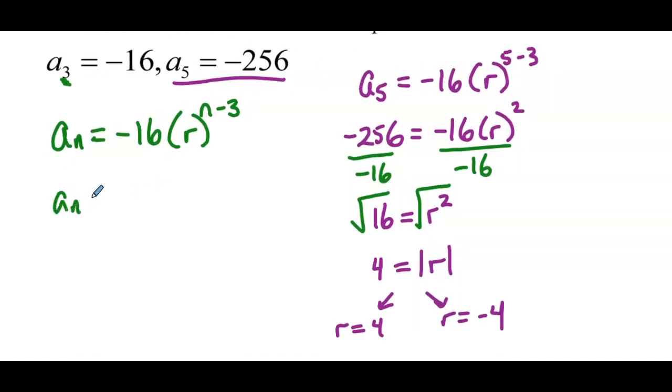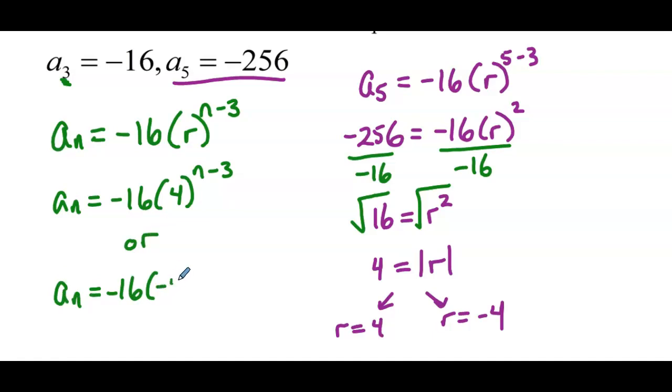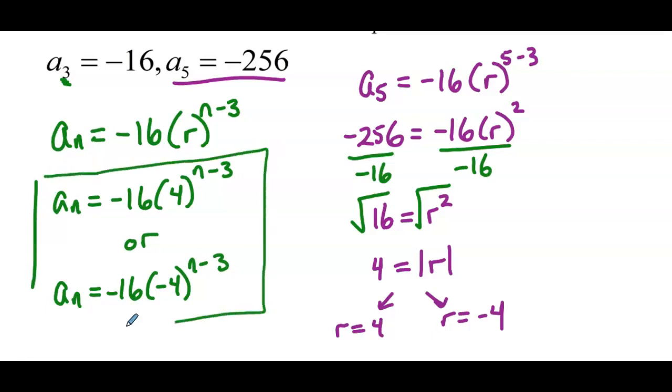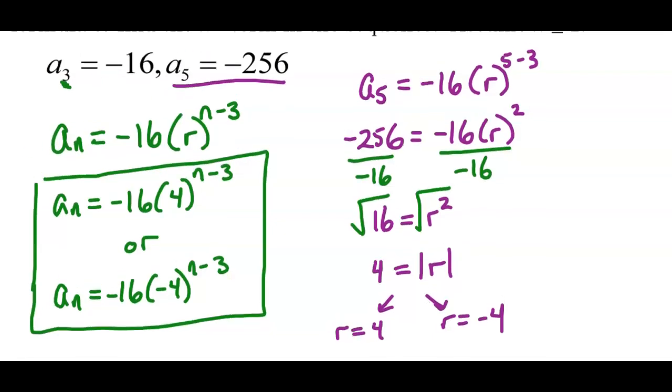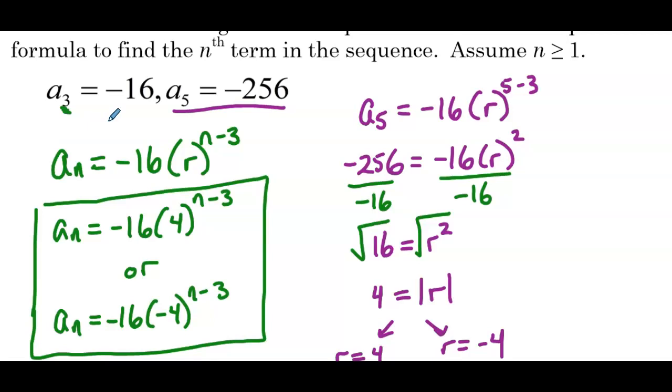We can either have a sub n equals negative 16 times positive 4 to the n minus 3, or we can have a sub n equals negative 16 times negative 4 to the n minus 3. We need to include both because they're both potential formulas given those two terms. Now, why does it make sense that there's two?